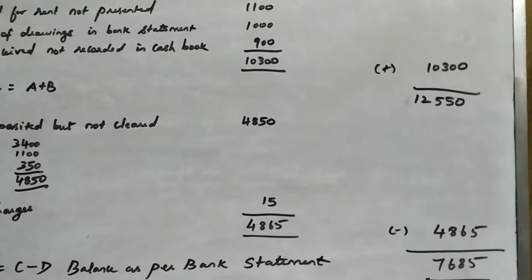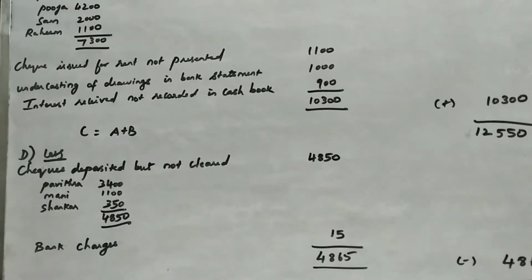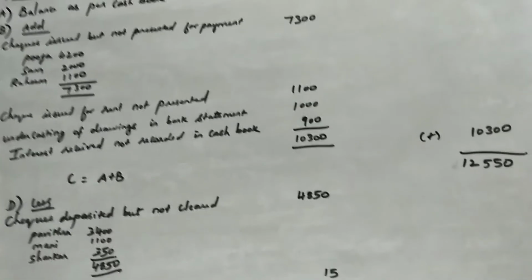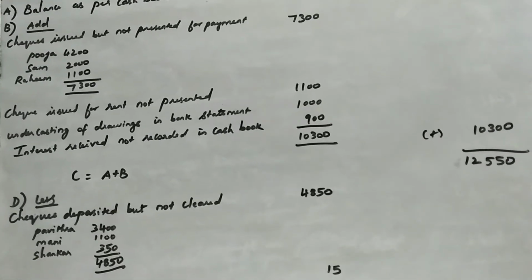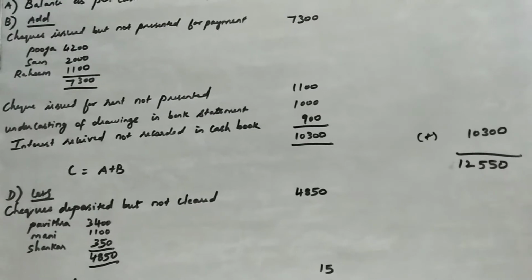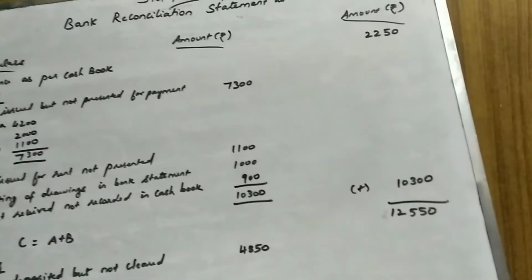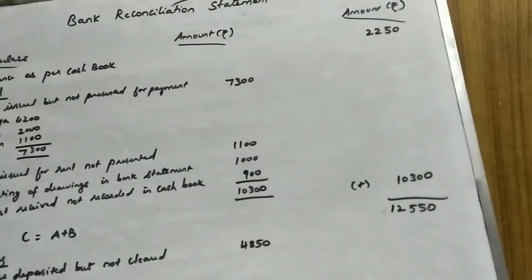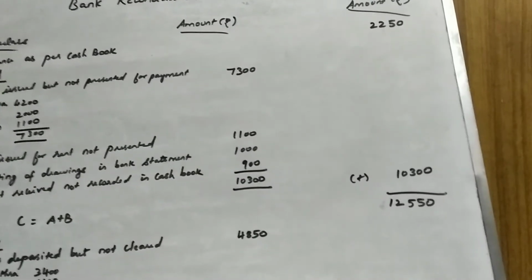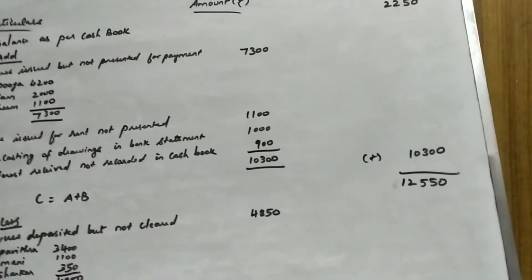It is not recorded in the cash book. So what has to be done? Our cash book balance is less, but our bank balance is more. We have to add. So when you add 7,300 plus 1,100 plus 1,000 plus 900, the total comes to 10,300. So you are going to add this 10,300 along with the balance as per cash book 2,250. The total comes to 12,550. C is equal to A plus B.